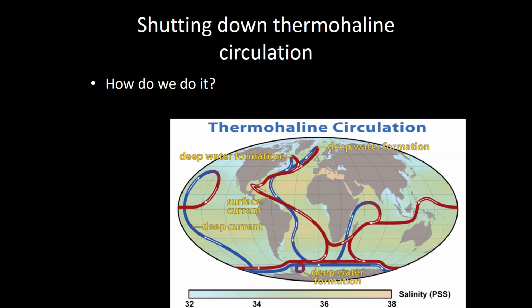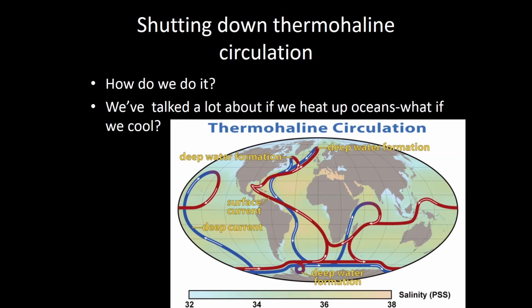Well, if we can do that with warm water, do you think it's possible to do it with cold water? If we introduce tons and tons of cold water, will the thermohaline circulation still be able to act like it usually does? The answer is probably not. So, thermohaline circulation can stop if we either heat up the oceans or if we cool them down extremely fast.